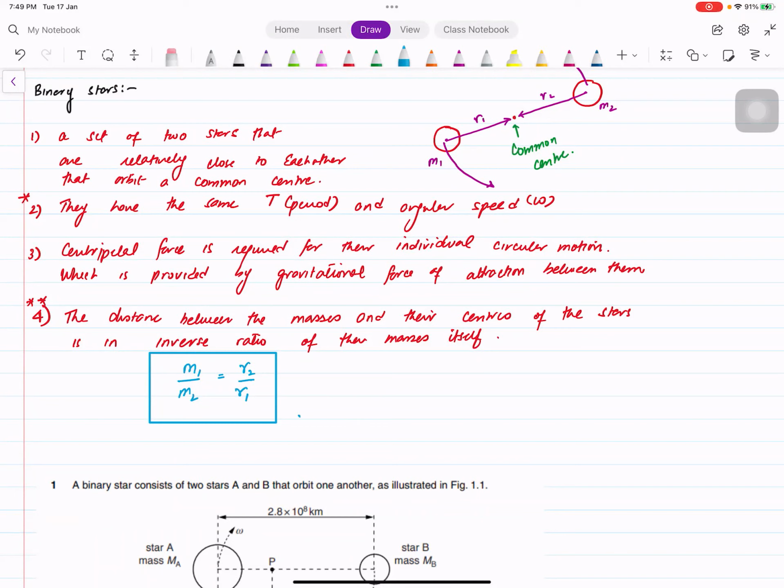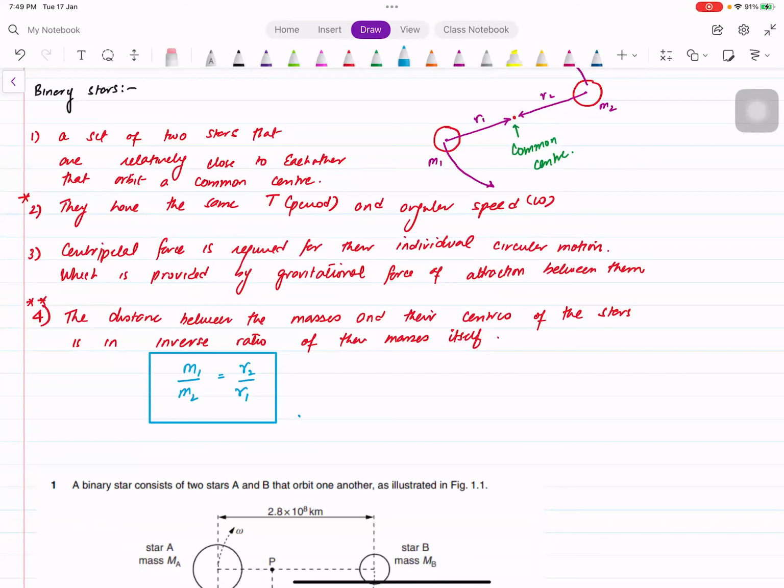Do you understand, Gatika? Yes, sir. The first condition for a binary star to exist is that both of the stars must have the same time period and same angular speed. Which can never happen with planets because obviously planets are rotating a central body, and in this one there is no central body, there's just a common center. Do you understand the difference now? Yes, sir. Good, very nice.